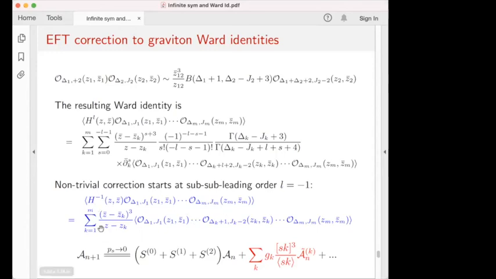On the right hand side, we have correlators without current insertion. It's easy to show that this Ward identity is equivalent to this sub-subleading EFT correction to the sub-subleading soft graviton theorem once you perform the Mellin transformation. So this gives a simple check for the previous general formula, in a very simple example.